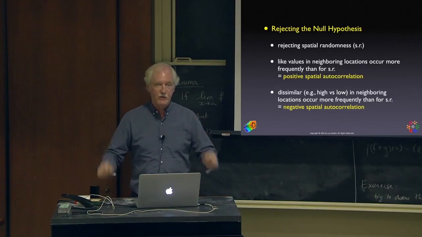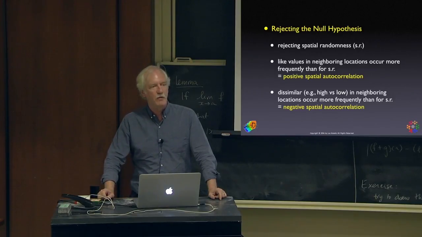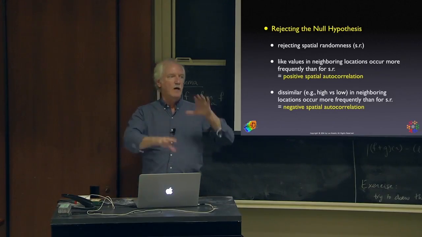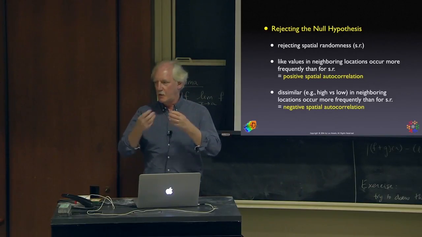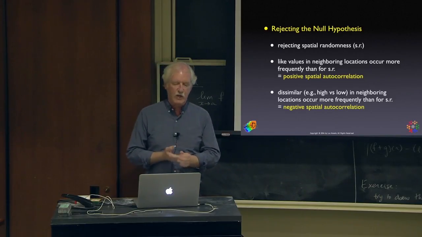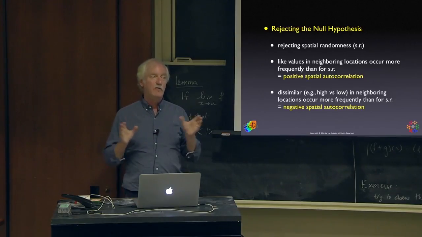The opposite, if you can think of it that way, is that there are more dissimilar values in the neighboring locations. So think of a checkerboard pattern where you have black, white, black, white, black, white. So every neighbor is different from a given location. That's the extreme negative spatial autocorrelation. That's not really a notion of clustering.